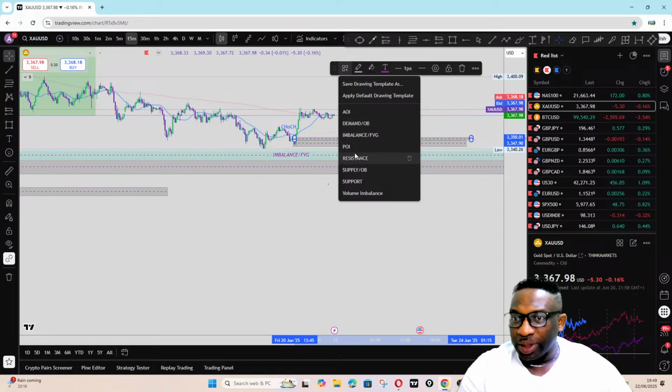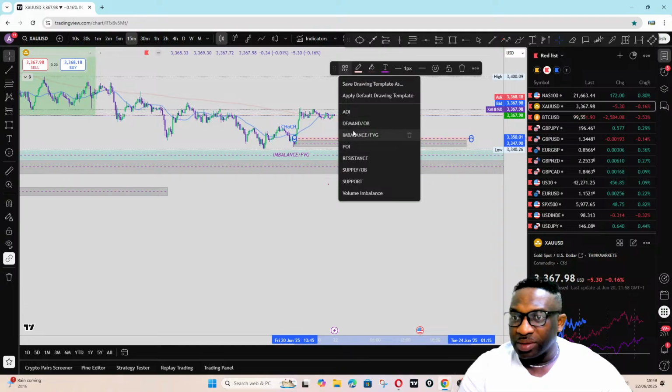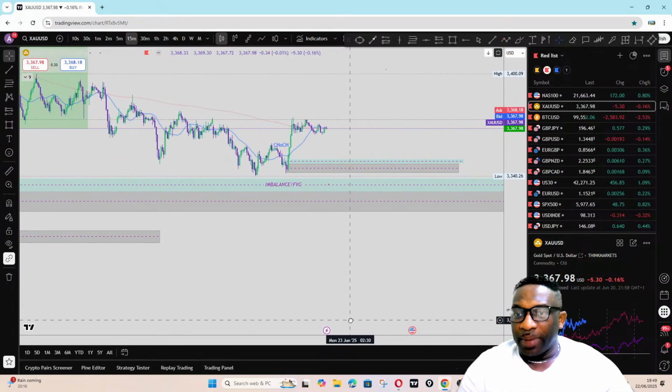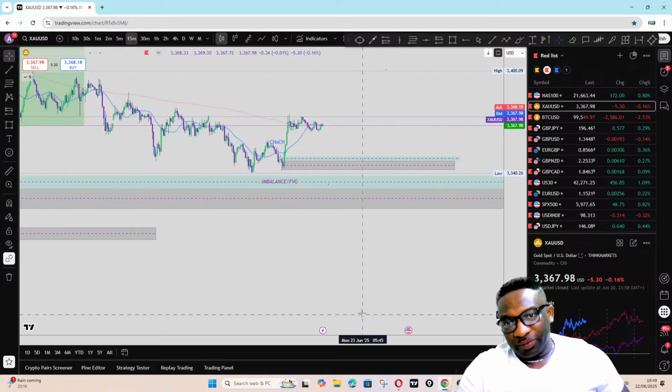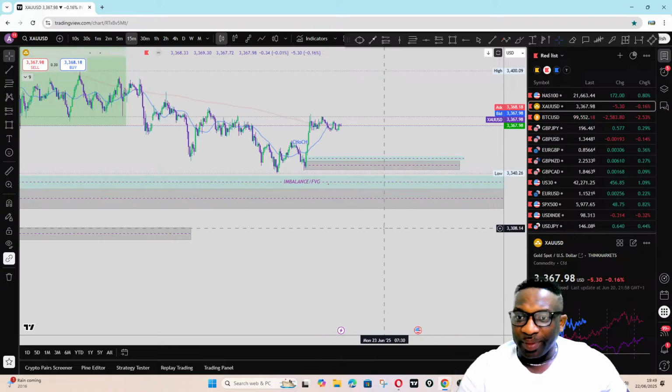So you have to be aware of that. This imbalance. But whatever be the case, for whatever movement it is, it always will begin from the smaller time frame.